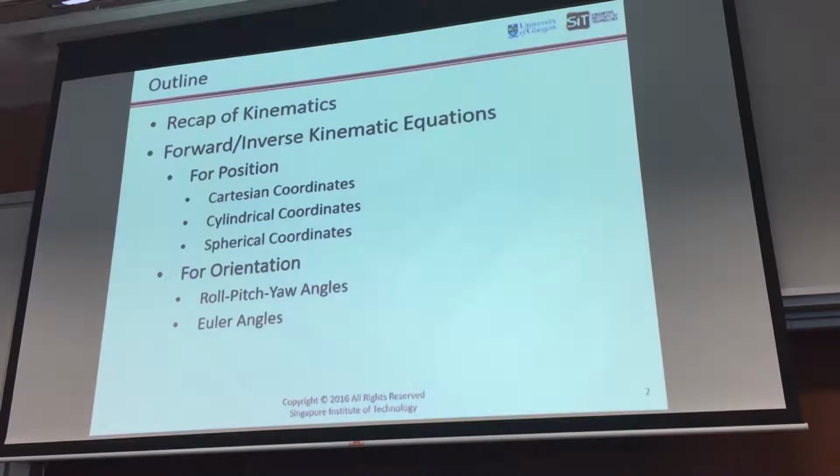Right? I'm not going to share everything, but I'm just going to share a few ones that will get you started. Right? There are a lot of other methods, and these will be the methods that we will be testing you on. Right? So we break it up into position and orientation.